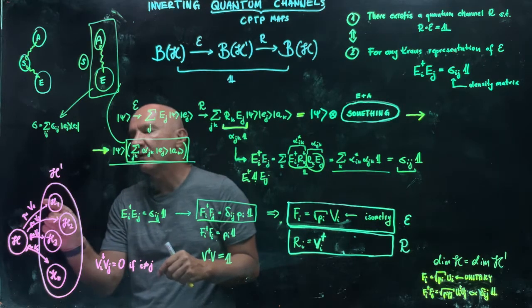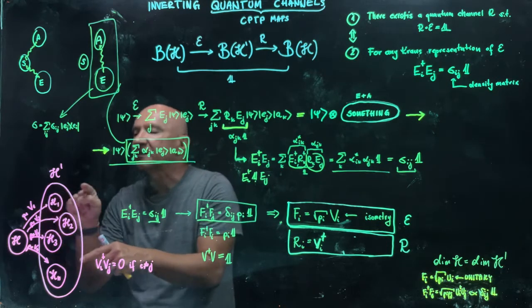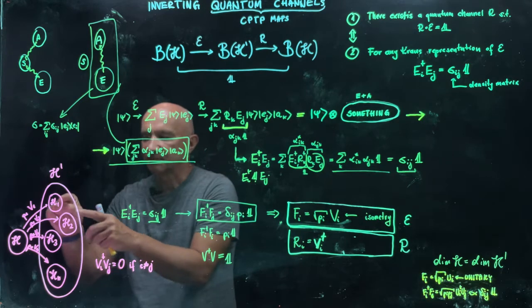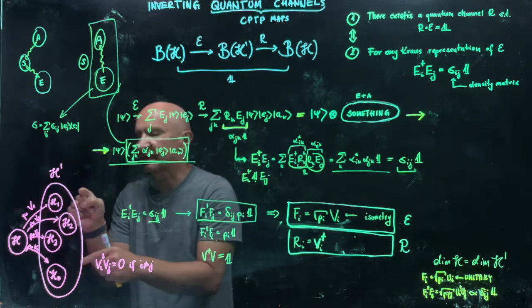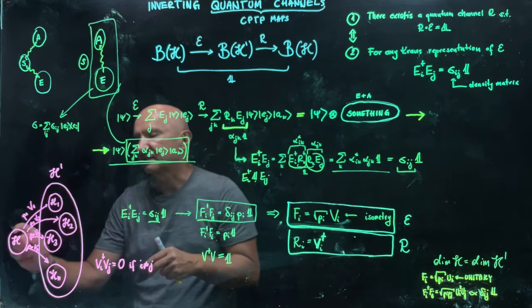It ignores everything which is not in H1; everything else just goes to the kernel, just goes to 0. And it's only H1 that is reversed.